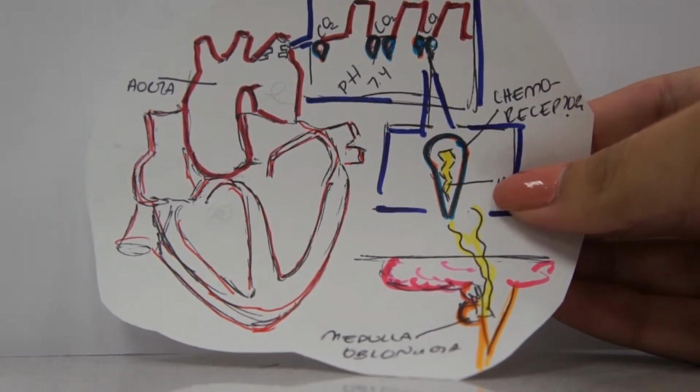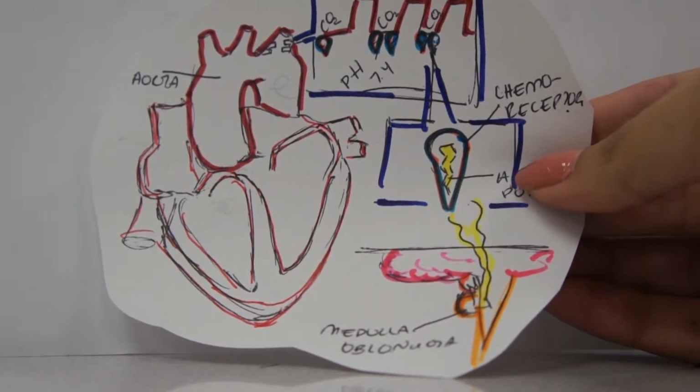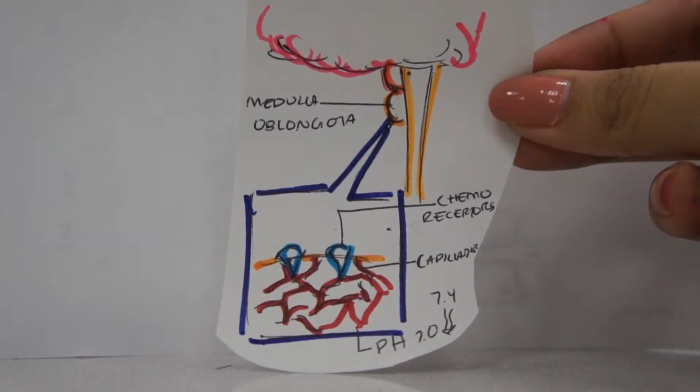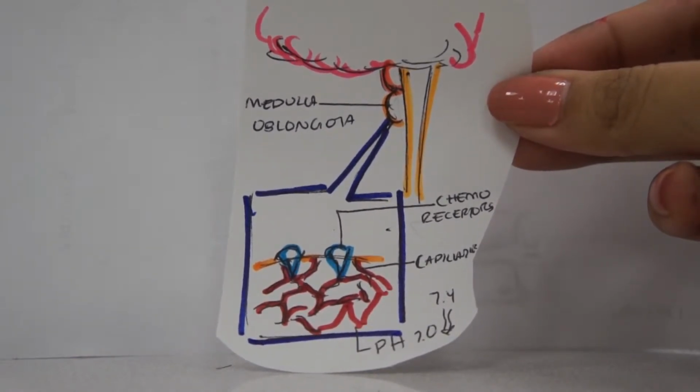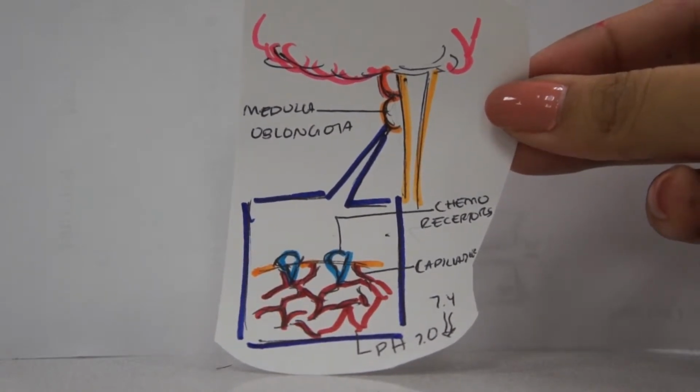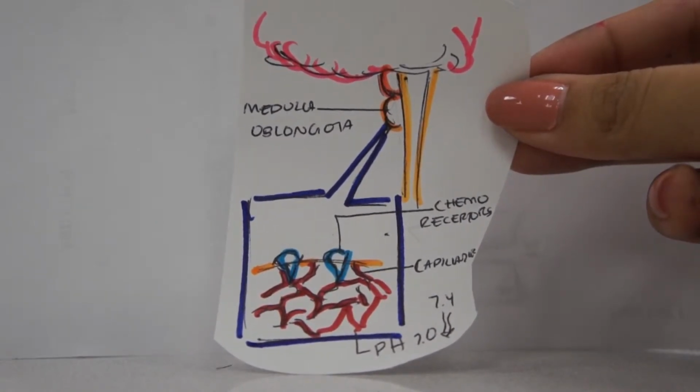When stimulated, these receptors send action potentials to the medulla's breathing center. The second mechanism is the medulla itself, which contains the same kind of chemosensors, and as the blood passes through the capillary beds located in the medulla, increased CO2 levels and decreased pH are detected.